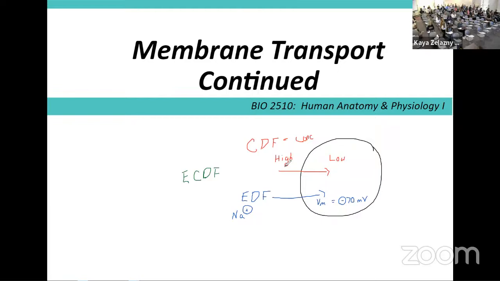Or you can think of it as adding a negative, or being in the opposite direction. Either way that makes sense to you, both are going to get you to the same result. So we just add our CDF plus our EDF in the same direction, and that would give us our total electrochemical driving force on sodium.